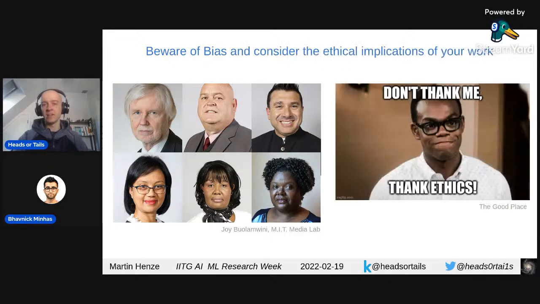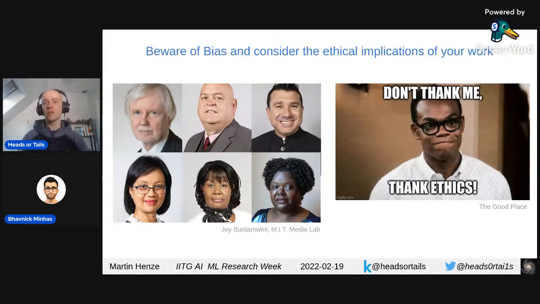And in addition to that, of course, you should always consider the ethical implications of your work, right? Because some of these biases can be severe and they can affect real people in real life, and they can lead to these vicious feedback loops, right?